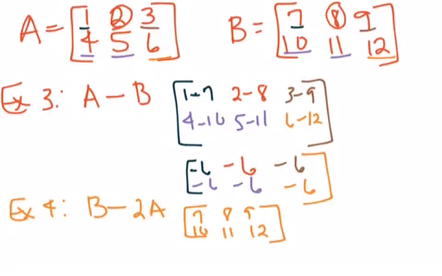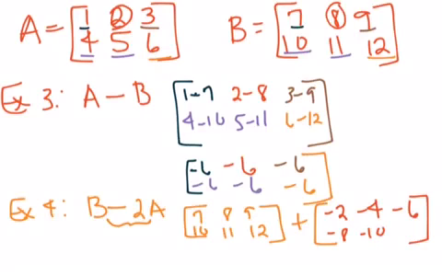And I multiply the negative 2 times A so that I can add, because I would prefer to add. So negative 2 times 1 is negative 2. Negative 2 times 2 is negative 4. Negative 2 times 3 is negative 6. Negative 2 times 4 is negative 8. Negative 2 times 5 is negative 10. Negative 2 times 6 is negative 12.